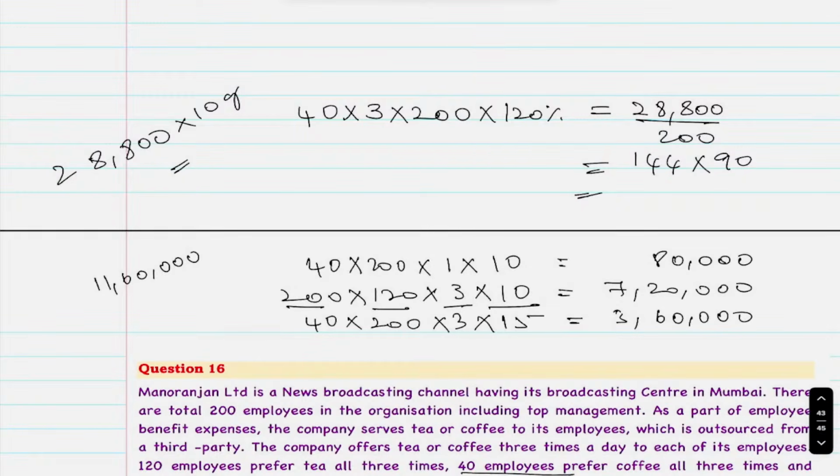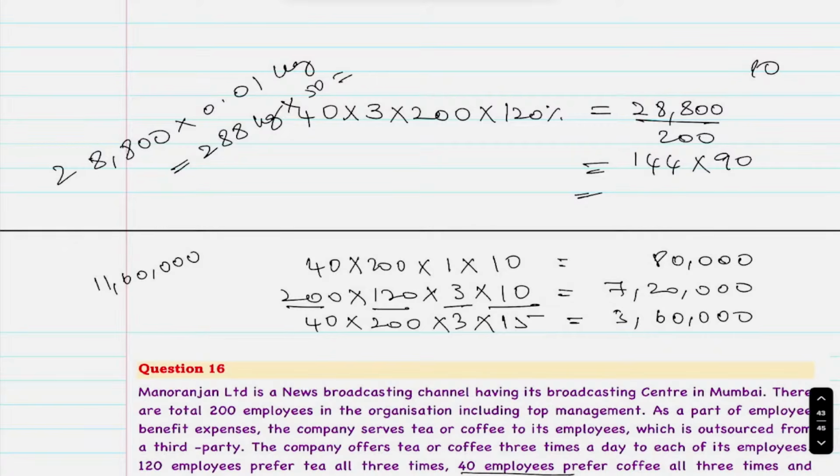Or at least write it in the form of kg if you want. 10 divided by 1000, how much? 0.01 kg. Tell me how many kgs? 288 kgs. Each kg is how much?